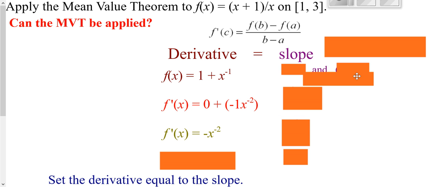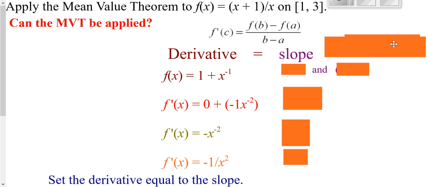So in other words, we get our derivative to be this, or just negative 1 over x squared. Now, we would have issues with our derivative whenever the bottom of our derivative is 0, which in this case is x equals 0. But that's not an issue because 0 is not in your closed interval. So it is continuous, it is differentiable. So our derivative must be equal to our slope.